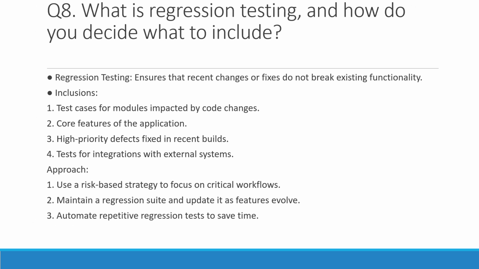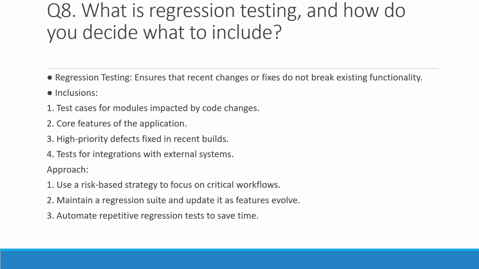Next, on to question number 8. What is regression testing and how do you decide what to include? Regression testing ensures that recent changes or fixes don't break existing functionality.